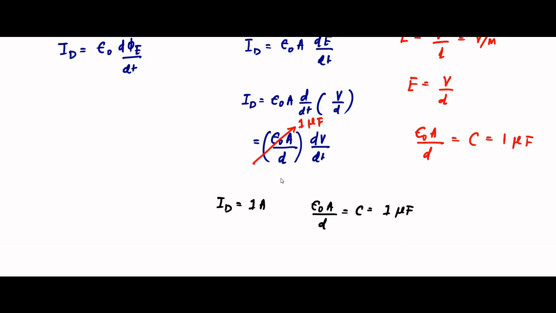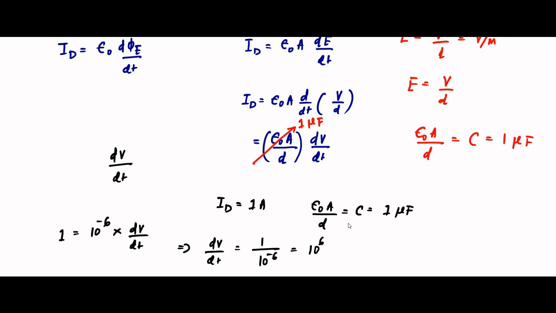So the only parameter we can control is dV by dt, the rate of change of electric potential. Making the substitutions, 1 ampere is equal to 10 to the power minus 6 into dV by dt. That implies dV by dt is equal to 1 by 10 to the power minus 6, which is equal to 10 to the power 6 volt per second.